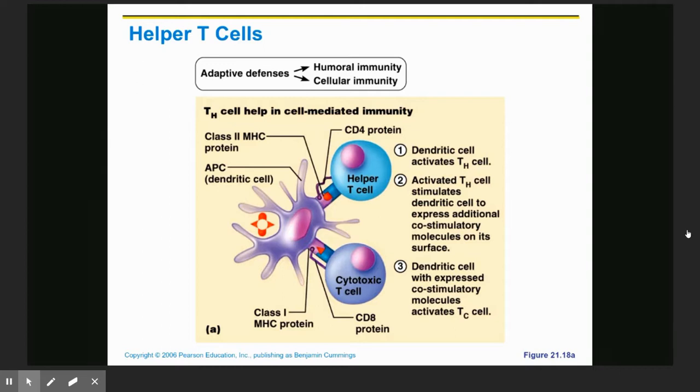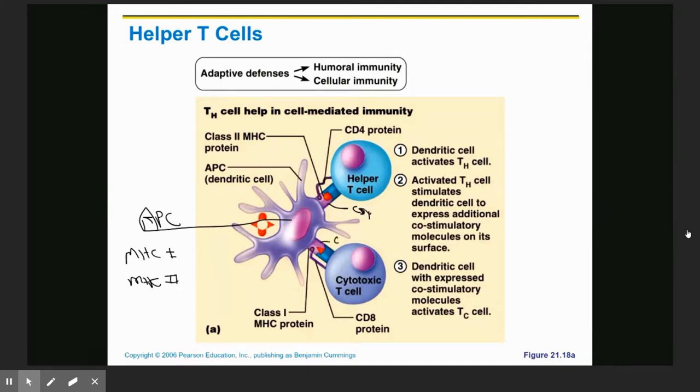Well, they also have to be activated. So here's our antigen presenting cell. And look at it. Remember, antigen presenting cells have both MHC class 1 and MHC class 2. So look what they can do. They can hook up with this. There's a CD4. But they can also hook up with this.